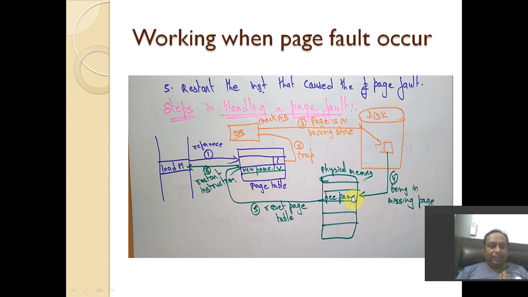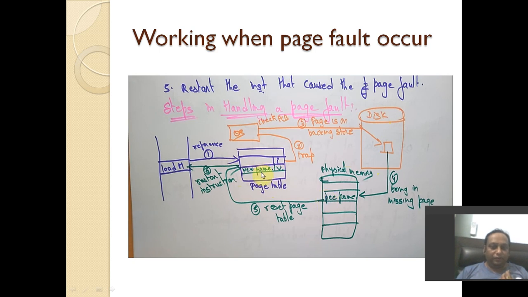So free a frame for the page demanded by the CPU. After freeing that frame, the content demanded by the CPU comes from the disk, from the secondary memory. When the free frame contains the page demanded by the CPU, then it resets the page table, which means it makes the entry of the frame which contains that page.